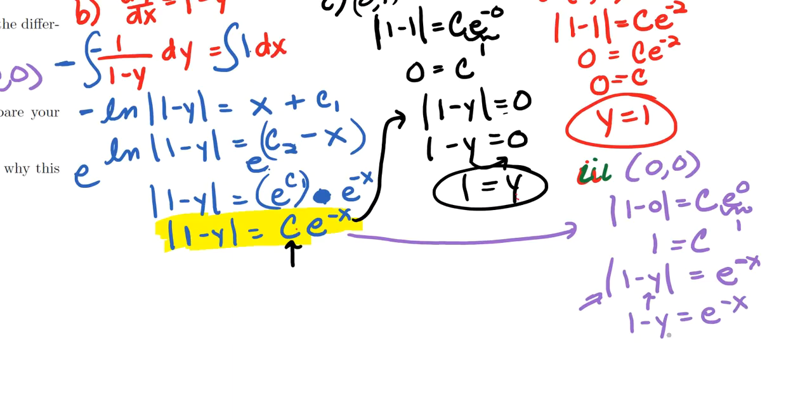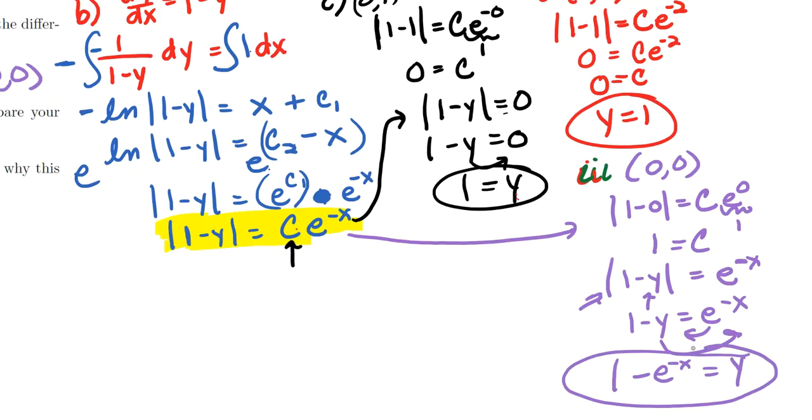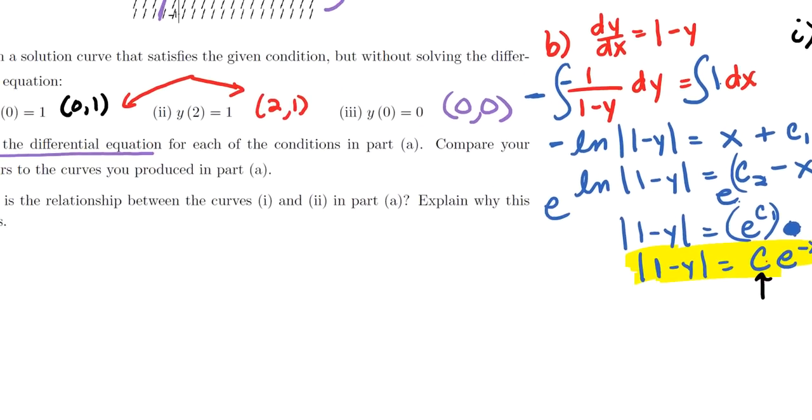So how do we want to solve this? We could swap sides here perhaps. So y is equal to 1 minus e to the negative x. So that looks like the equation of that purple curve on our slope field.